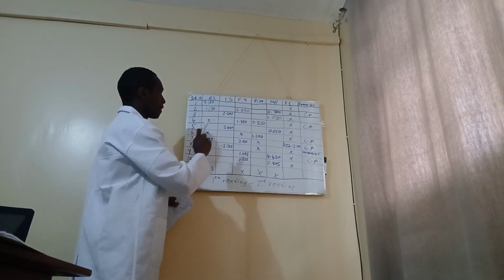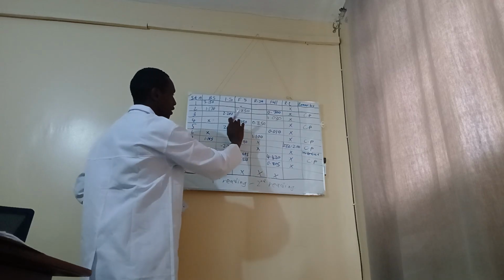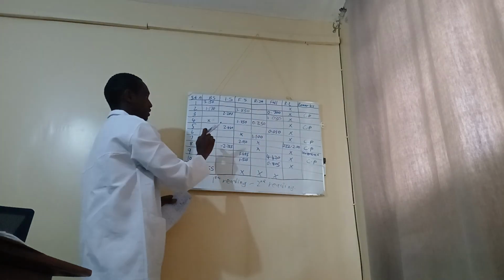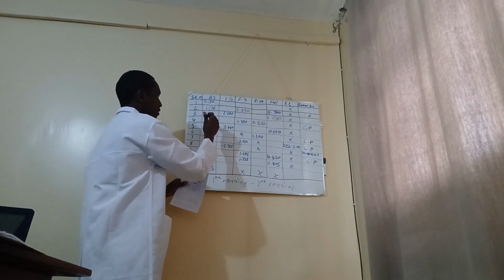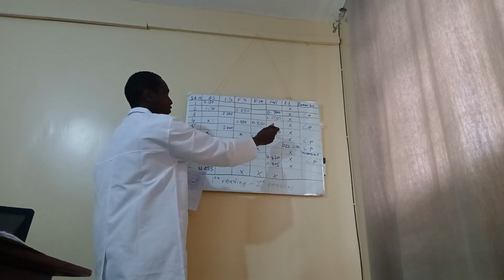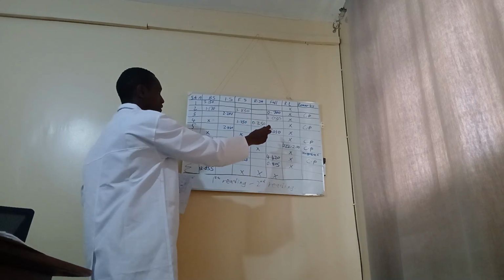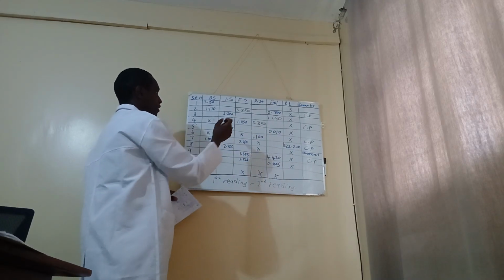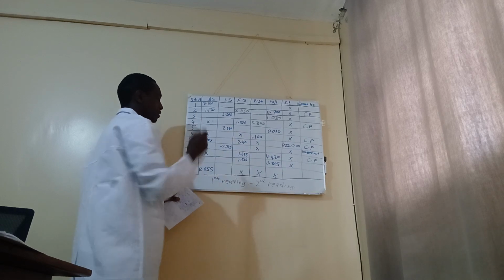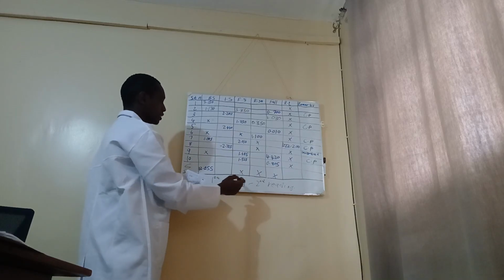Next step now. After that, we say that when we get to the fourth side, that set is over. We begin another set. So our next set here is this reading minus this reading, and it gives us a fall here. So how are we going to get this? If it is a fall, it means that this reading is larger than this, because it is the first reading minus the second reading.